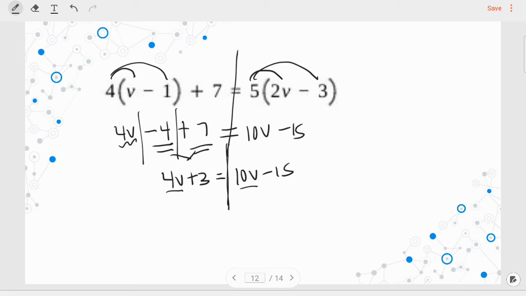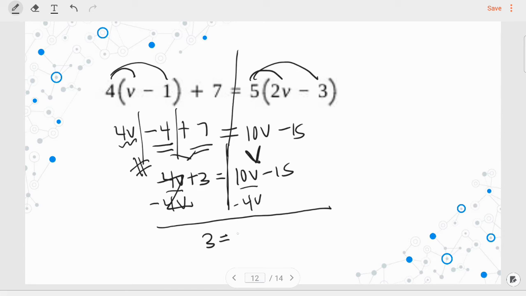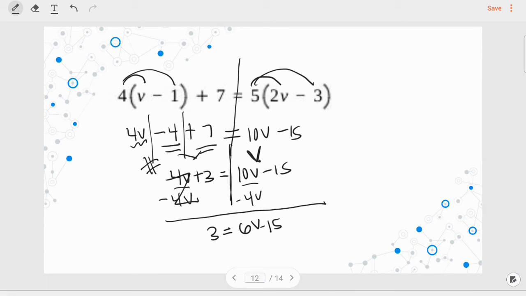Since my variables are different, it should have a solution. So this variable side is bigger, this is smaller, so I'm going to get rid of the 4v. And that zeroes out, and I'm left with 3 is equal to 10 minus 4, which is 6v minus 15.